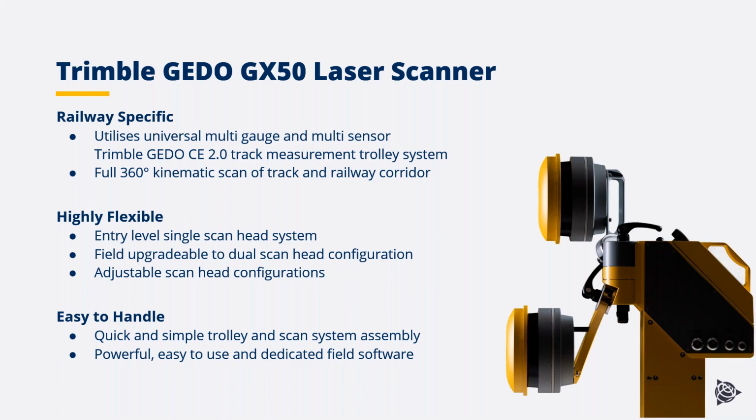Starting with a single head solution, you can add a second head later if needed, and you can put the scan heads in certain predefined preset configurations for optimization of visibility or accuracy. It's very easy to handle. We have a dedicated field software and a dedicated office software that handles all the data in an easy to use field setup.